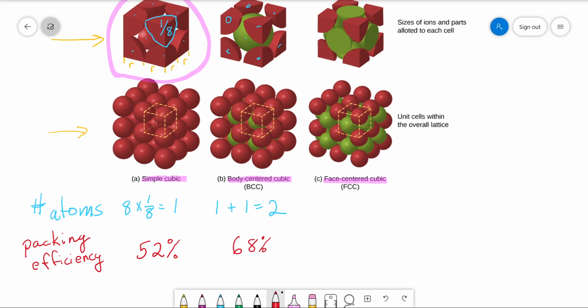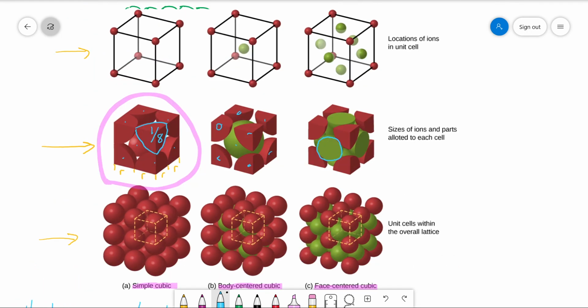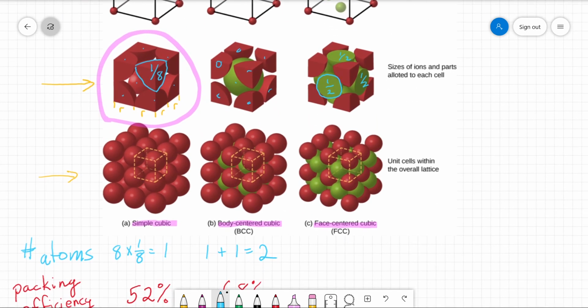And again, we're not going through the math, but we could. Okay. And then let's talk about the packing efficiency for this face-centered cubic. If we look at the green atoms here, look how this atom is sliced right in half. So that is 1/2 of an atom, and each one of these little green guys is 1/2 of an atom, or a sphere, whatever you want to think of it as.